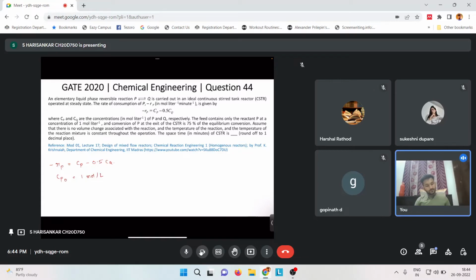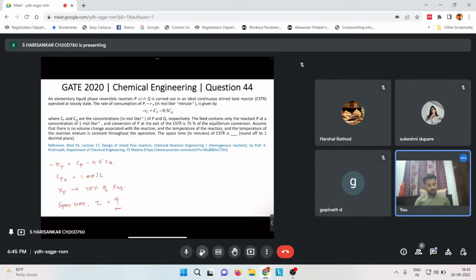Also they have given that the conversion of P, Xp, is 75% of equilibrium conversion X eq. Now what we need to find here is the space time. Space time tau is what we need to find here.